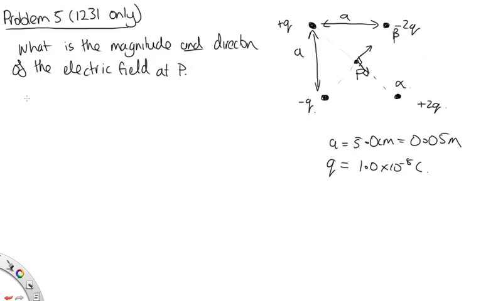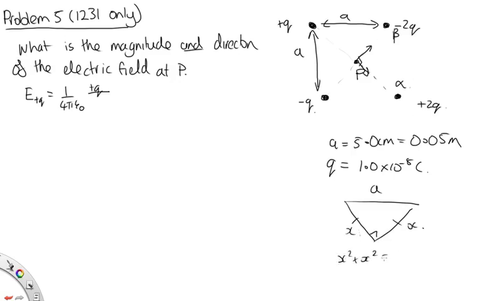Okay, so we can write down the electric field due to each of the charges. The electric field due to the plus Q is equal to 1 over 4 pi epsilon naught, and then the charge is plus Q over the distance. Now, this distance here, we've got a triangle that's 90 degrees. These are equivalent. This is A. So let's let that be X. That's X then. So we've got X squared plus X squared is equal to A squared.